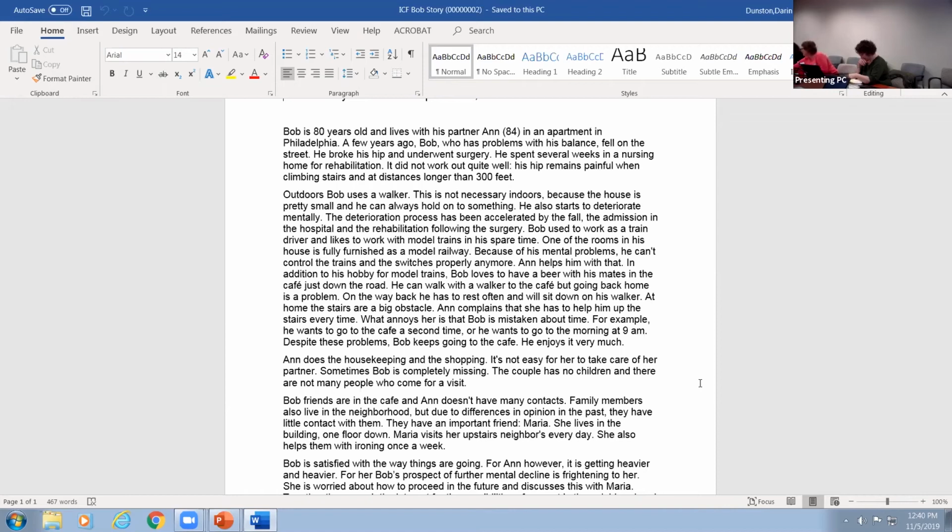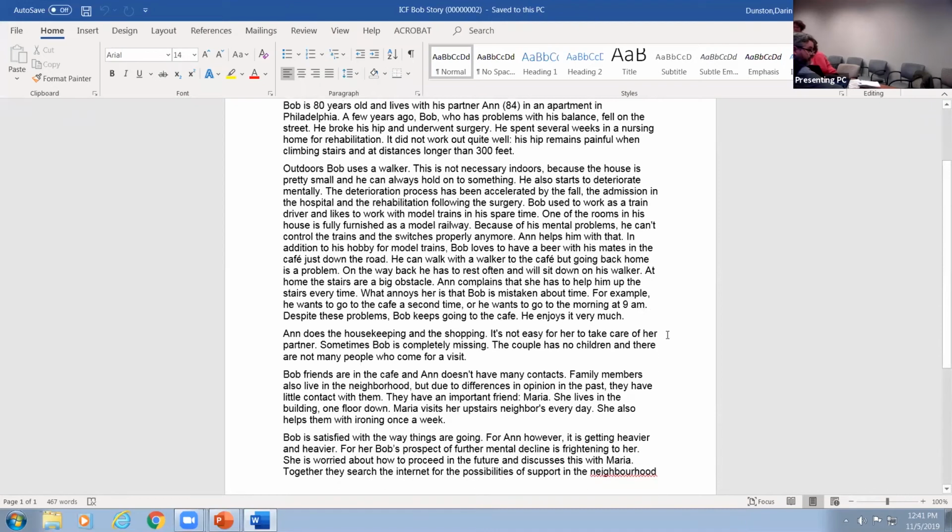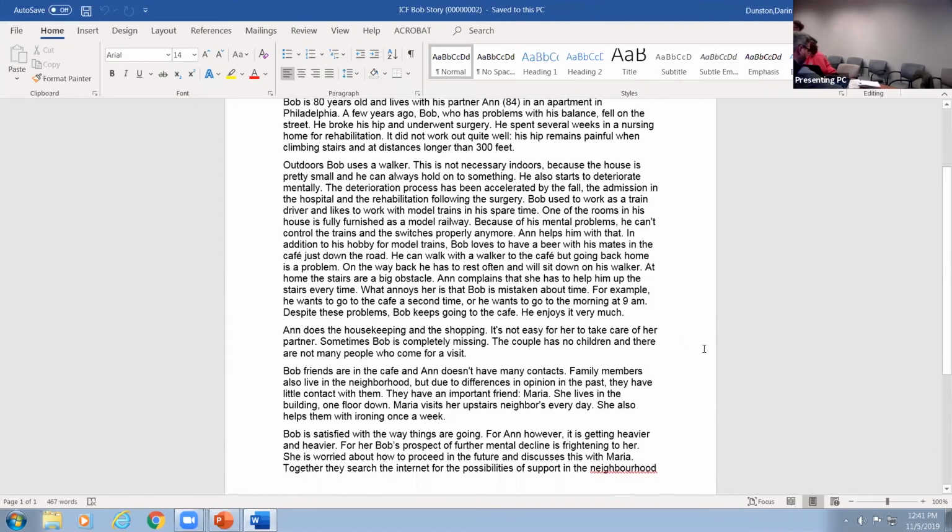So walking in his house, you could write that. The fact that he goes out to see a friend, he's limited there because he can get out to see a friend, but he has trouble getting back. One of the things he wants to do is socialize with his friends. The question is, is model trains participation or activity? Activity, I think.